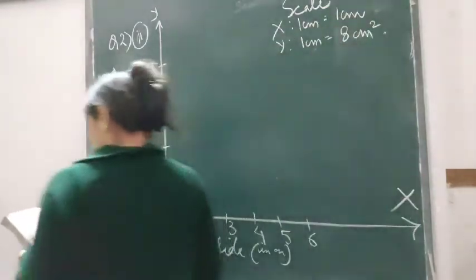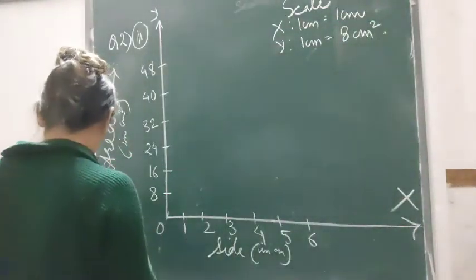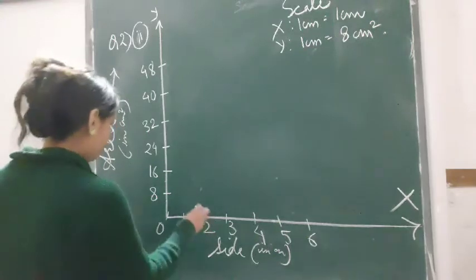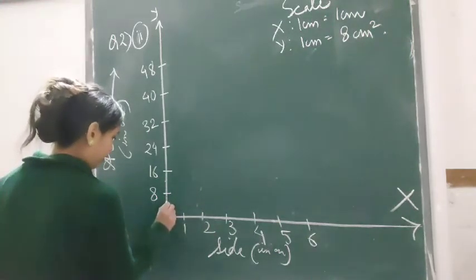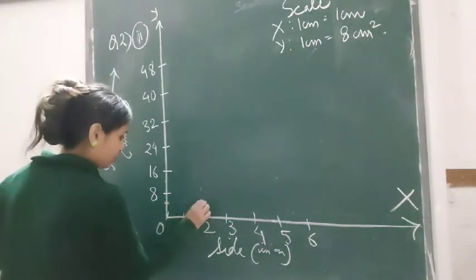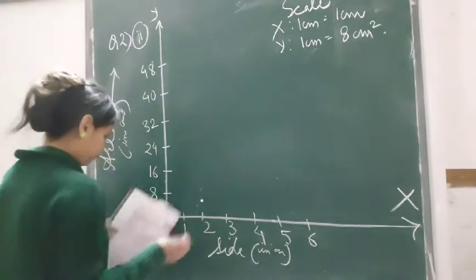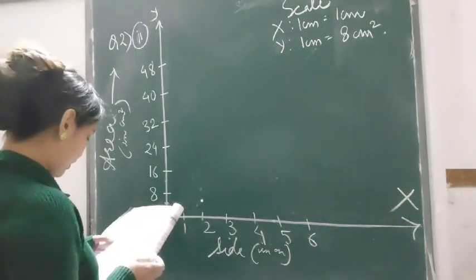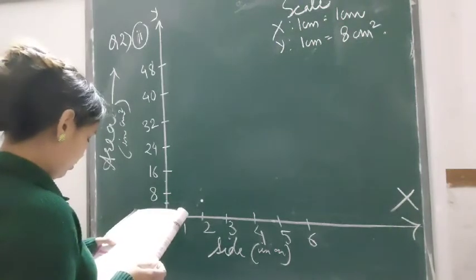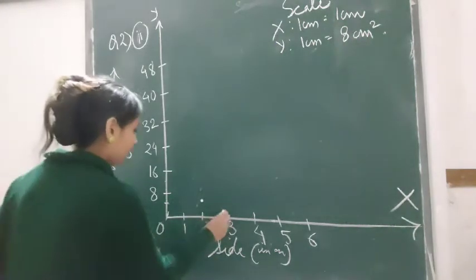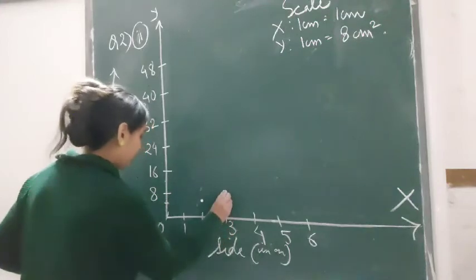Let's draw. When side is 2, area is 4. 4 means half of this, so it will be here. Then side is 3, area is 9.